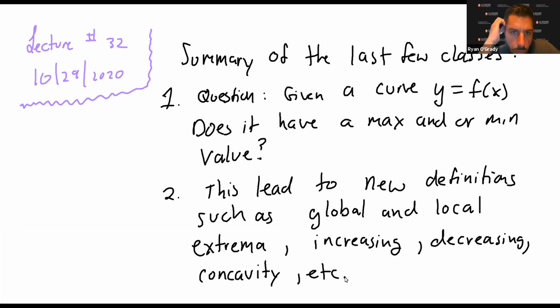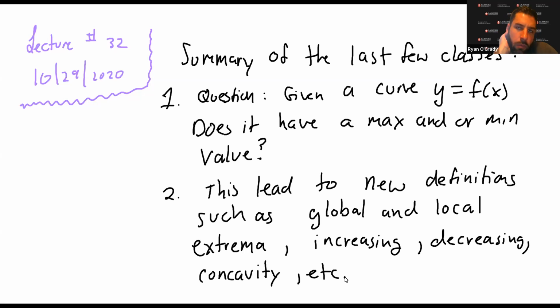So we started all this off by saying if we have a function and if we look at its graph, does it have a maximum? Does it have a minimum? And then we said, well, okay, let's define these terms because they're descriptive of what a curve looks like.